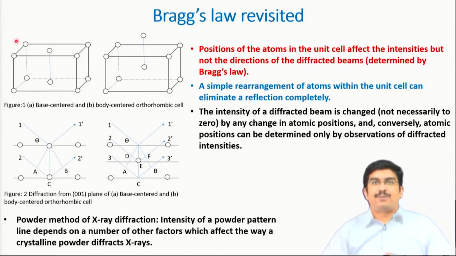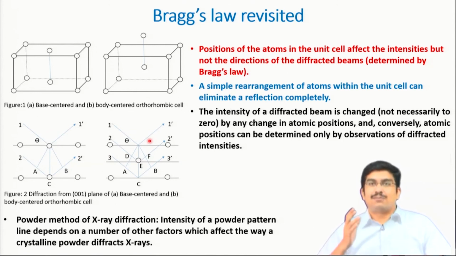And this is simply because the arrangement of atoms within a unit cell can eliminate certain diffracted beams completely. In a real diffraction pattern, even if Bragg's law is satisfied for those atomic planes, you will still not get any intensity because of some other consideration.